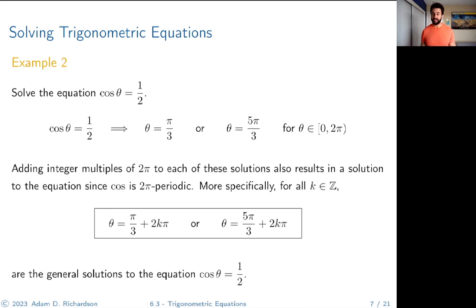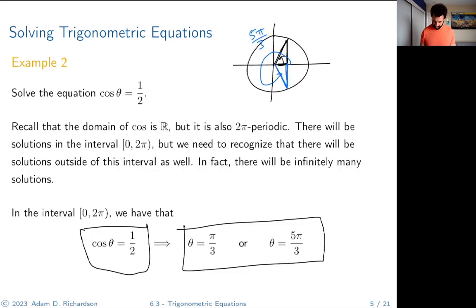Yeah, so the way that we do it is this. We know that if you add integer multiples of 2 pi to each of those solutions, you will get another solution because you're essentially just going around the circle again, right? So let me go back to my unit circle picture that I sketched roughly right up here. Let me erase some of this for a minute.